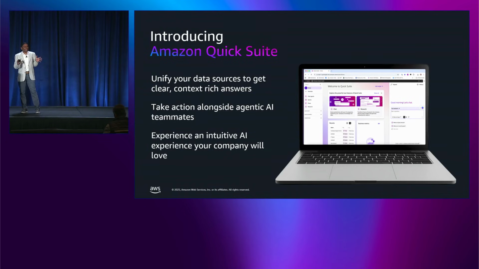So what is Amazon QuickSuite? It is an AI-native agentic platform that allows you to unify all of your data, structured and unstructured, your entire enterprise's corpus of knowledge, into a single space.